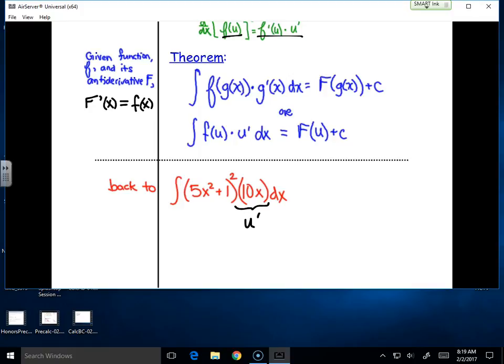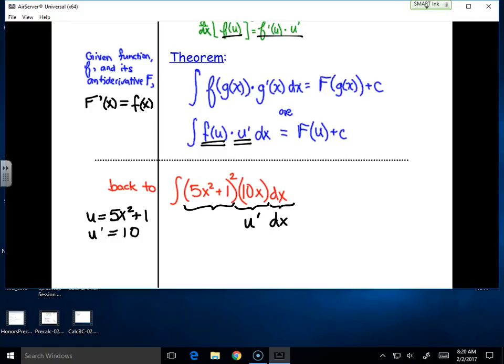We have our dx just chilling. Who would this guy be? F of g of x, how do we write him though? If we put him in terms of u, because we found the u prime, who is u? U is 5x squared plus 1, because didn't we say the derivative of 5x squared plus 1 is 10x, right?